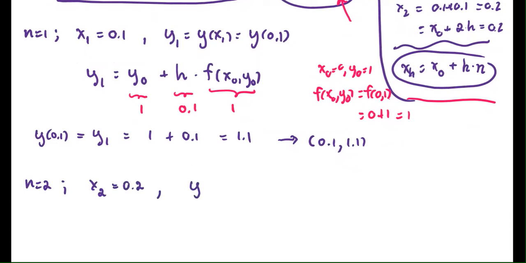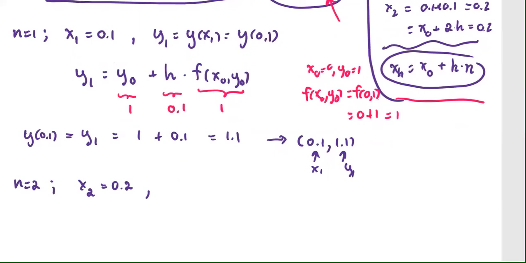Since we obtained x1, y1, this is x1 and this is y1, we can use it to find y2. So use the formula.